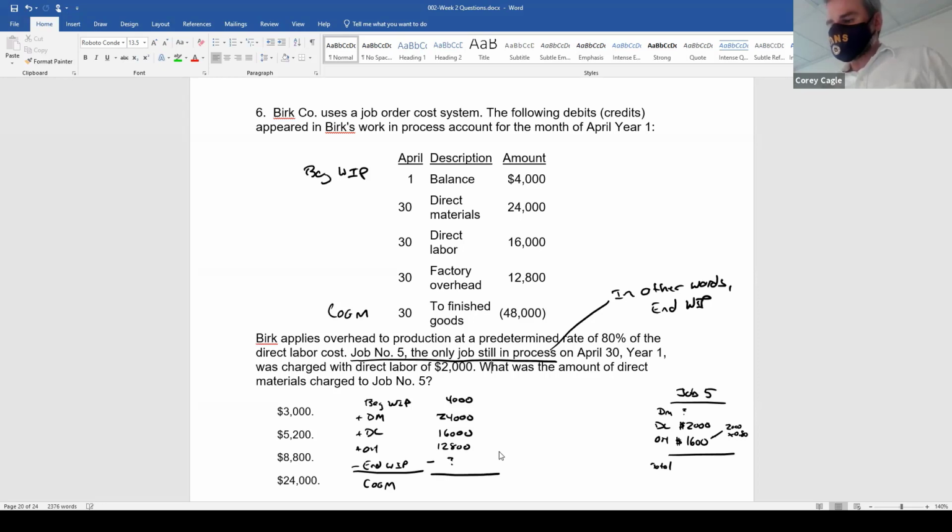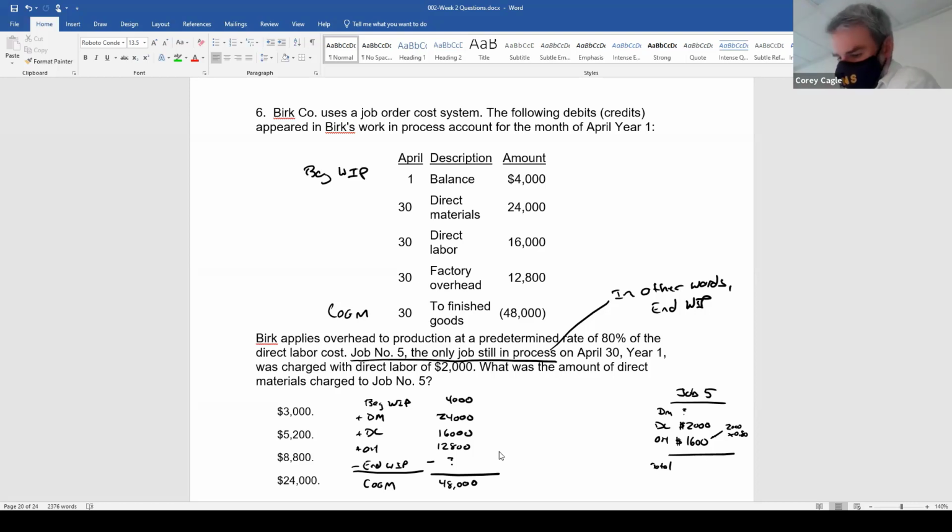Cost of goods manufactured is 48,000. So all of that added together, 4,000 plus 24,000 plus 16,000 plus 12,800. So our total manufacturing costs are 56,800.